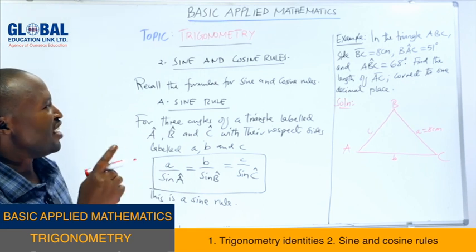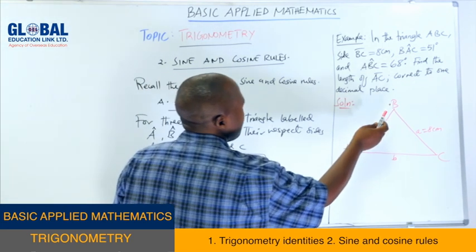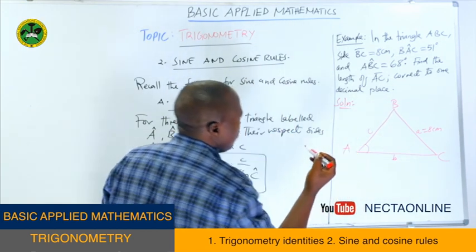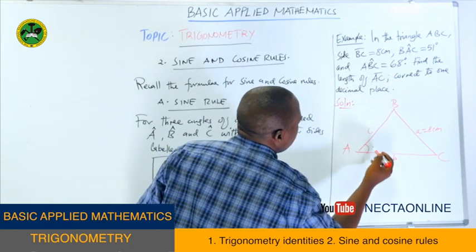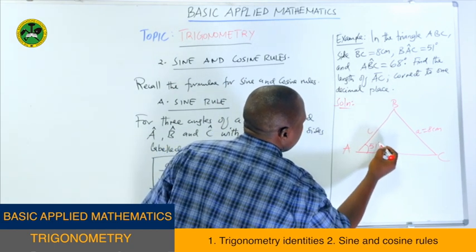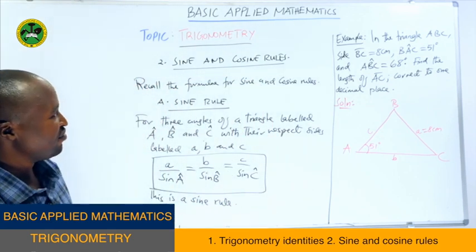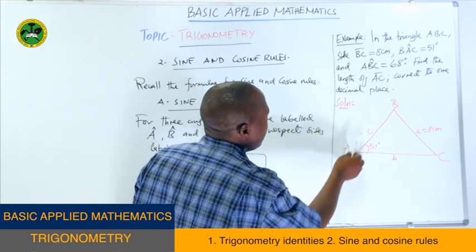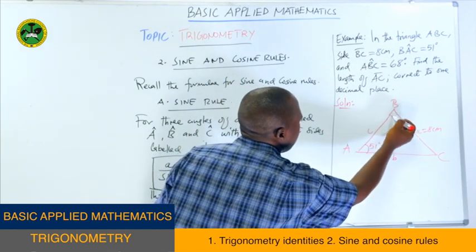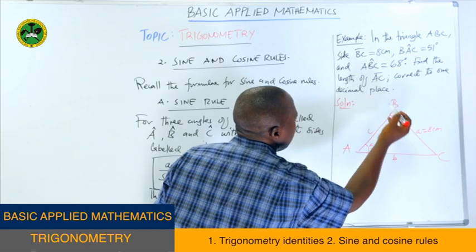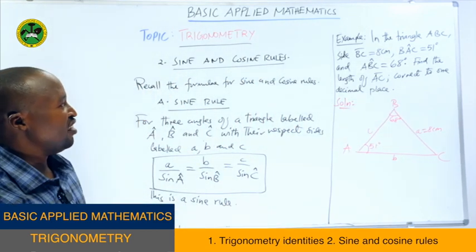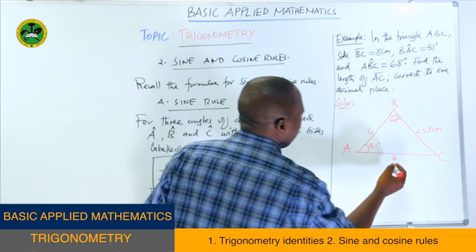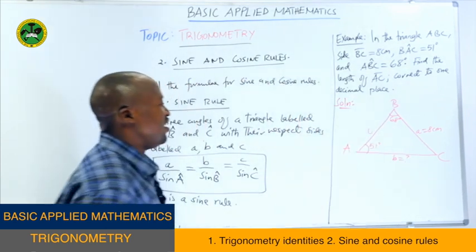The angle BAC is equal to 51 degrees, and the angle ABC is equal to 68 degrees. We need to find the length AC, that is B.